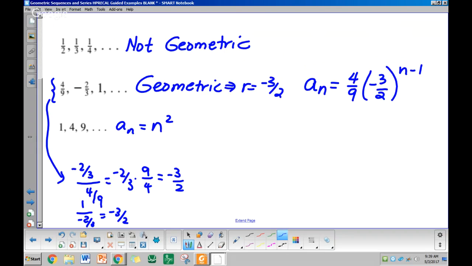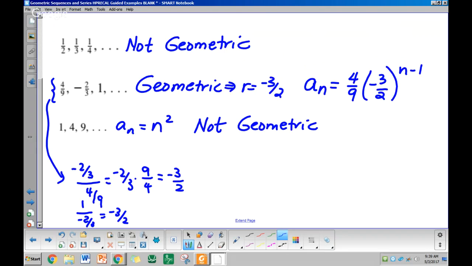Do you agree with that? Yes. That's not arithmetic or geometric, but it does have an nth term, and you can predict what all the other ones are. But this one is not geometric, because it doesn't have a common ratio.